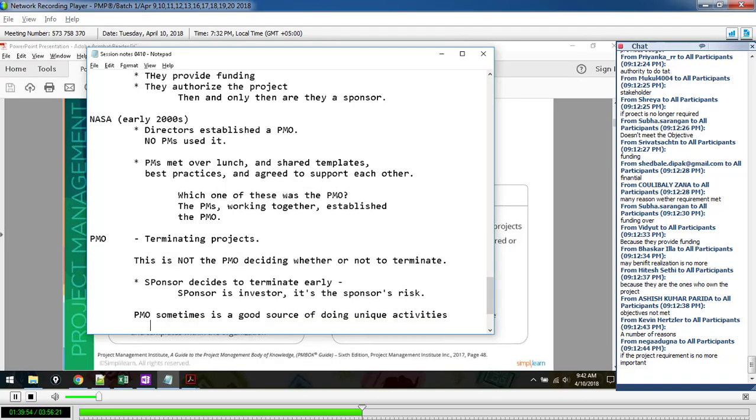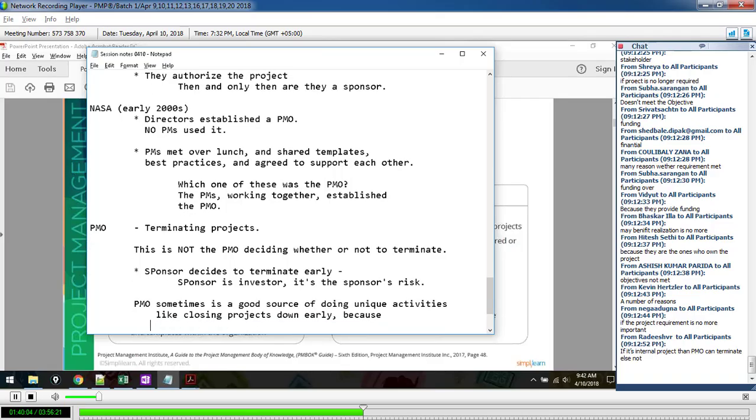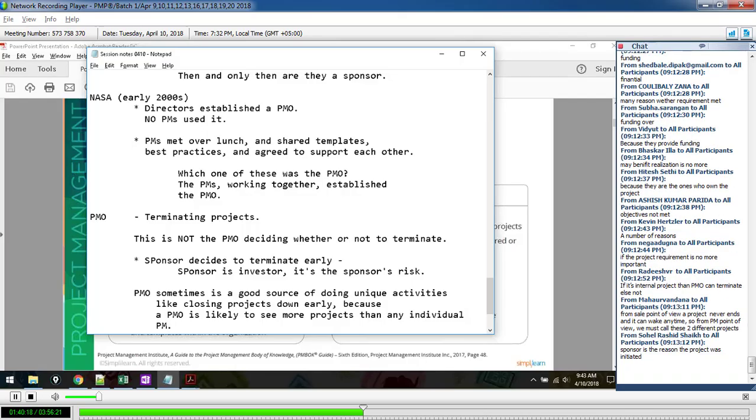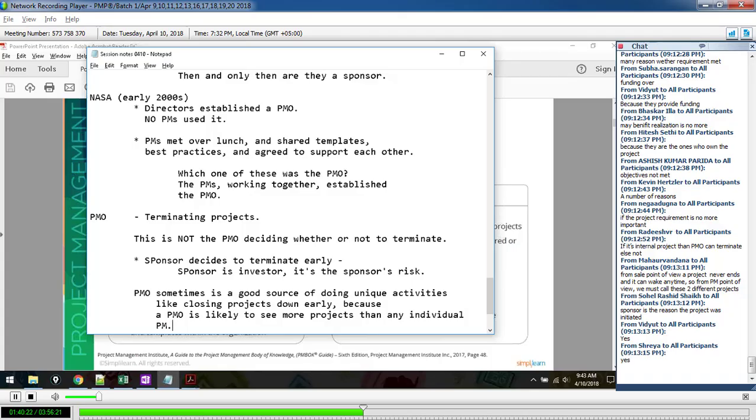PMO is sometimes a good source of doing unique activities like closing projects down early because a PMO is likely to see more projects than any individual PM. Does that help you? Does that help you? Okay.